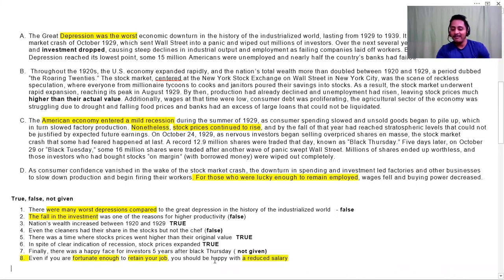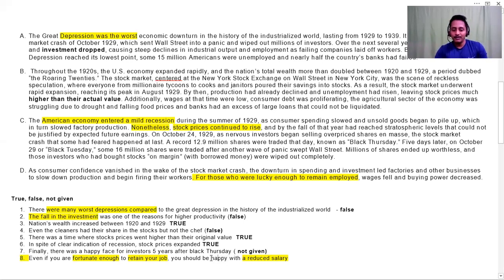Same thing, no. The word happy here doesn't mean you're smiling. You should be okay with the lower wages. Properly given, no. That's what people have misunderstood. Happy with it means you don't have to show it with a haha and all. It means you should sustain. You should be okay with the reduced salary.